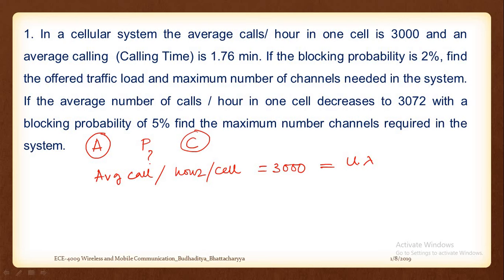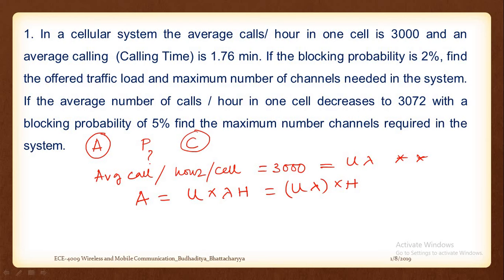So U lambda is actually given as 3000. This is the most crucial step in this case. Now A is U multiplied by lambda multiplied by H. In this U lambda you can write 3000 and H you can write as 1.8.